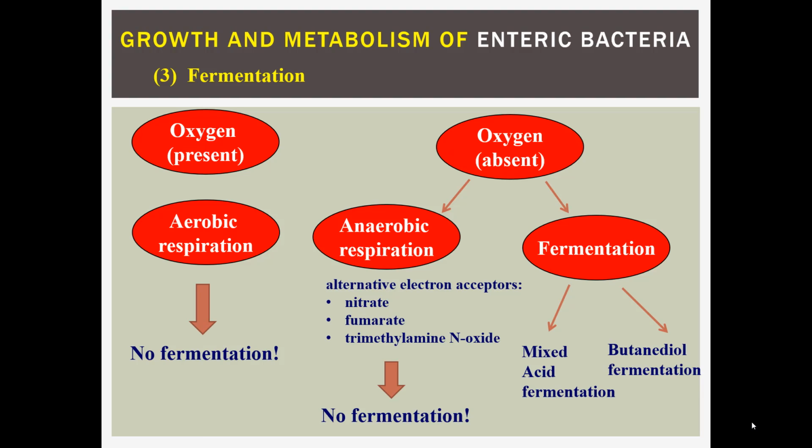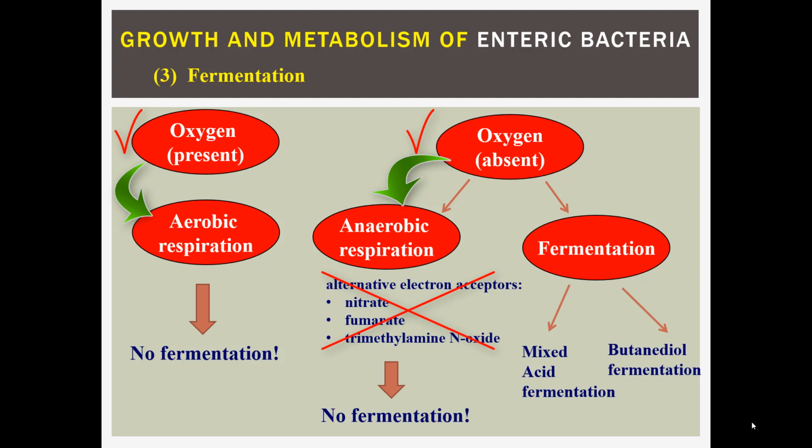Thirdly, Enterobacters are not only capable of switching from aerobic to anaerobic respiration, they are also capable of switching from anaerobic respiration to fermentation when oxygen is absent. So when oxygen is present, they use aerobic respiration, and when oxygen is depleted, they switch to anaerobic respiration if there are suitable alternative electron acceptors such as nitrate, fumarate, or trimethylamine N-oxide that they are able to utilize.